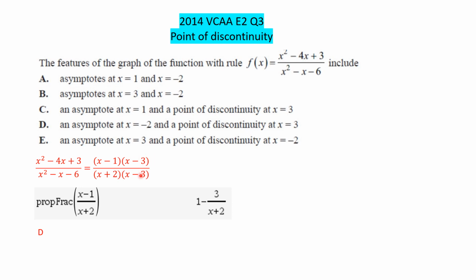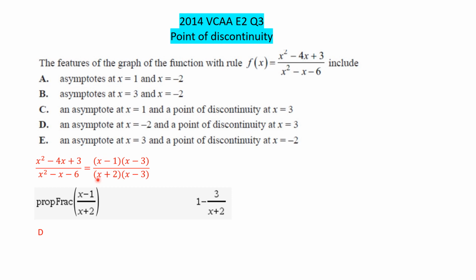That means when x is equal to 3, you got a point of discontinuity. It's not the vertical asymptote. Please keep that in mind. Okay? And then you are left with (x minus 1) over (x plus 2).